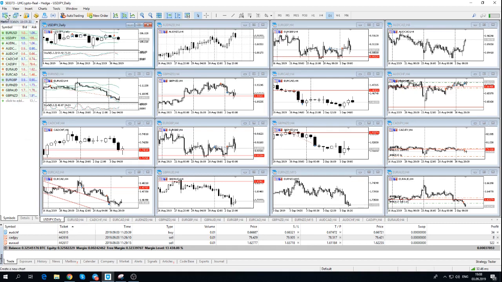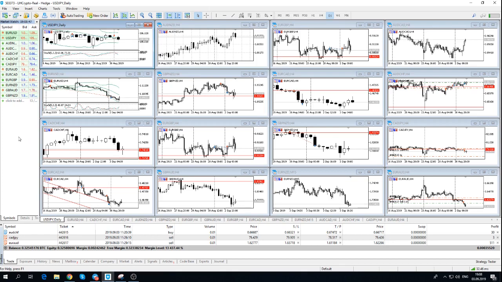If you try another way, you can see only those ten, maybe fifteen, and not all. All companies have a lot of instruments for trading, including crypto.